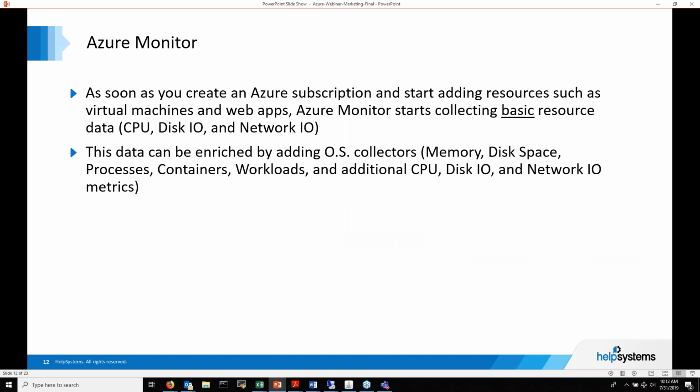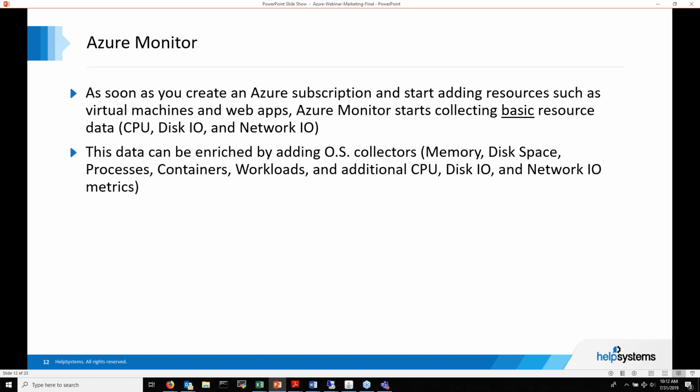Well, specifically with Azure Monitor, as you engage with Azure and you create a subscription and you start to add your virtual machines or web applications, what the Azure platform does for you is it automatically starts collecting basic resource data.